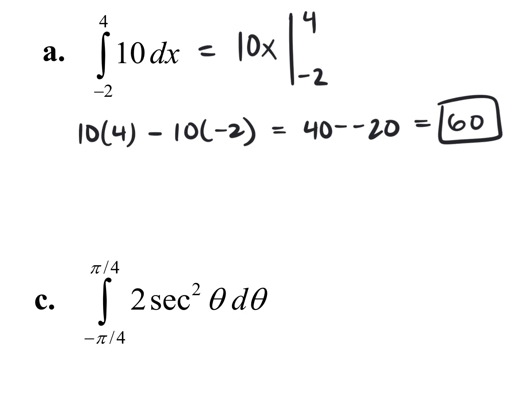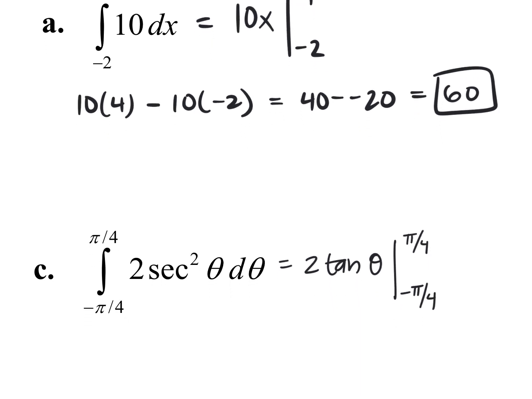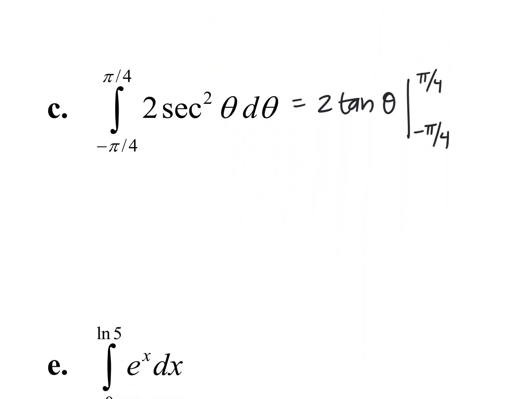So the integral of this is going to be 2 times tangent of theta, and I'm going to evaluate this at pi/4 and at -pi/4. So I've got 2 tangent of pi/4, and I'm subtracting 2 tangent of -pi/4.